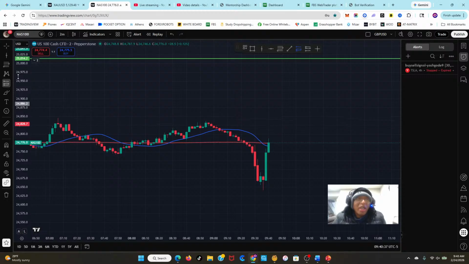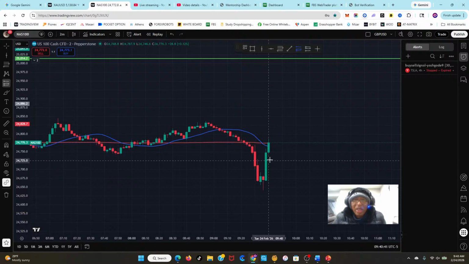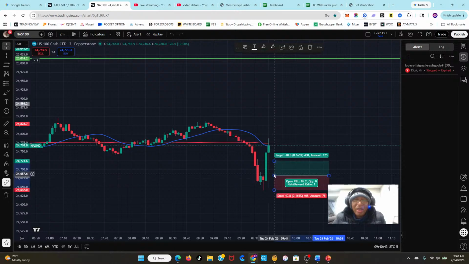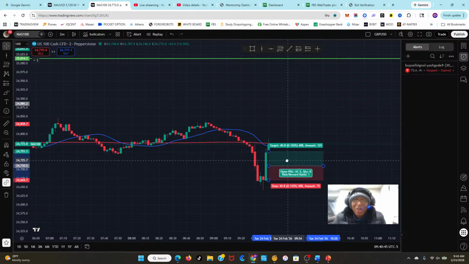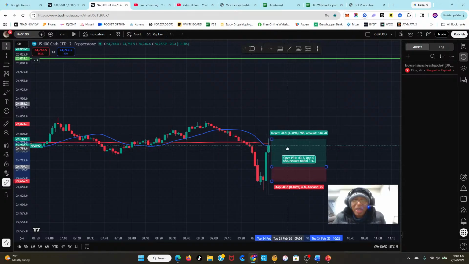So what we did, guys, is take a long here. That's why we call it the free flow. Okay, so we just follow the color changes, we flow with the market, we don't even think about it, we don't make it complicated. So this is where we have our stop loss. Our entry point was around here.